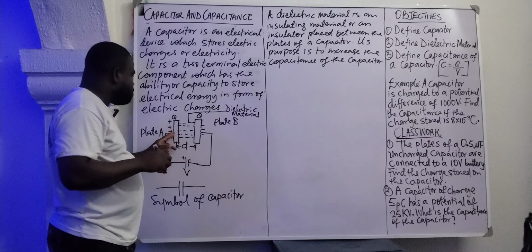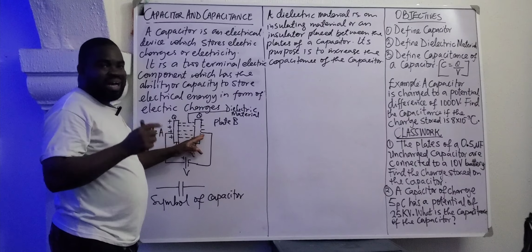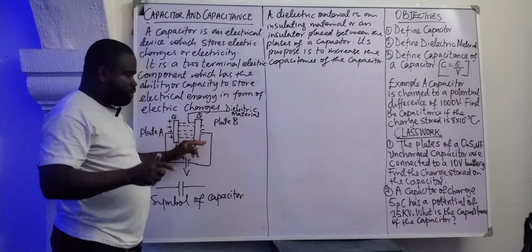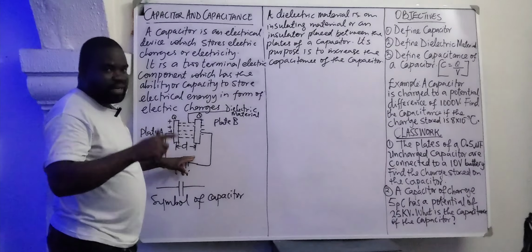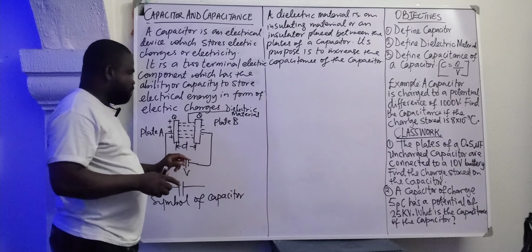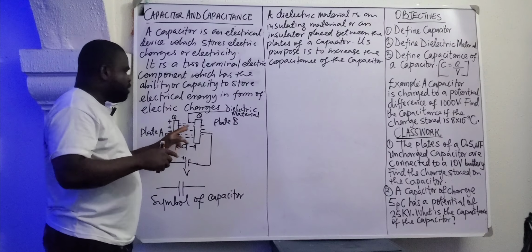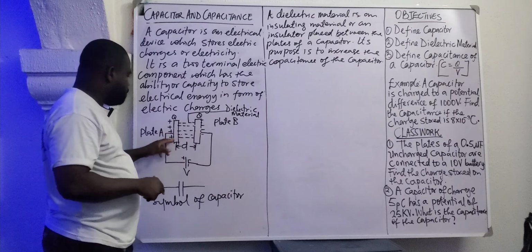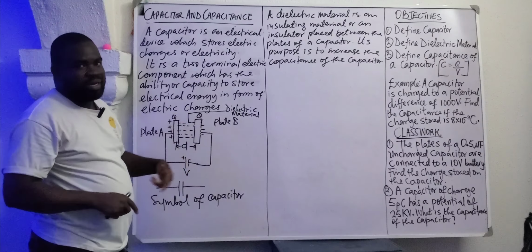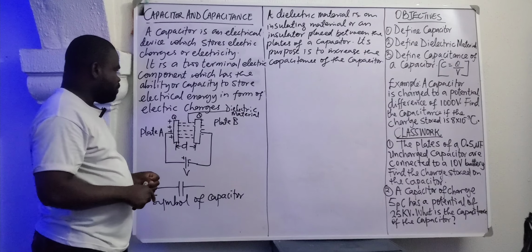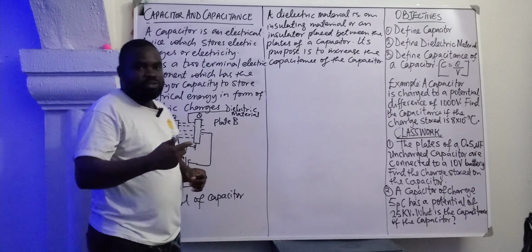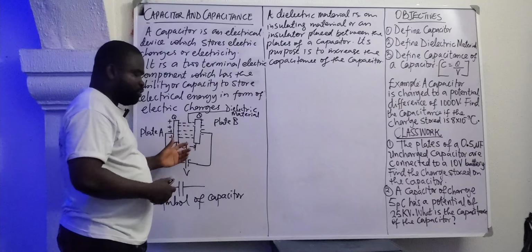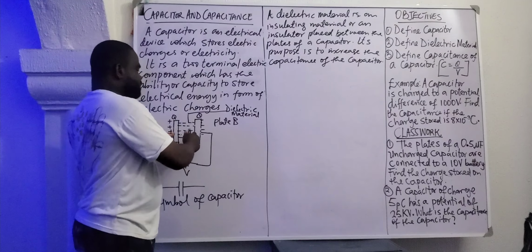Likewise, if these two conductors are spherical, we will call the capacitor a spherical capacitor. And also, if these two plates are cylindrical, we will call the capacitor a cylindrical capacitor. This classification of capacitor I have mentioned is based on the plates.